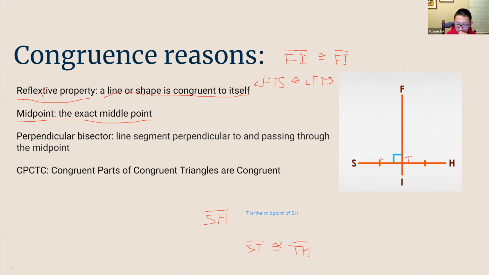They have this little tick mark through them, which makes them congruent. And the midpoint is defined to split a segment into two equal halves or two congruent halves. They're pretty much the same thing, right? So T would be the midpoint of SH.